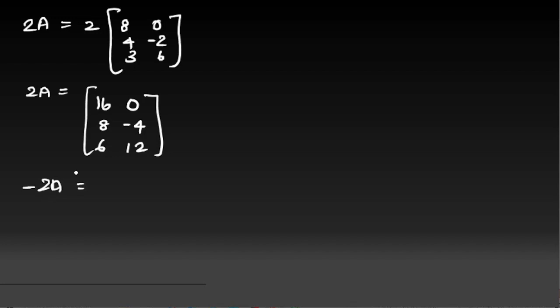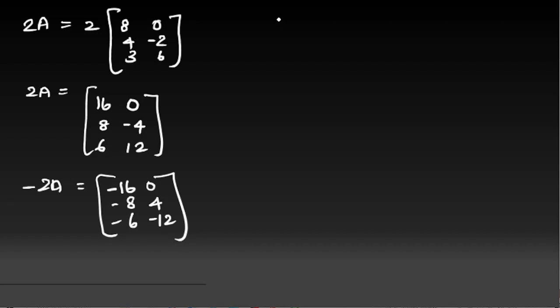We already studied the negative of a matrix in the introduction part. The negative of a matrix means you just change the sign of each and every element in the given matrix. So minus 16, minus 8, minus 6, 0, 4, minus 12. This is your minus 2A.